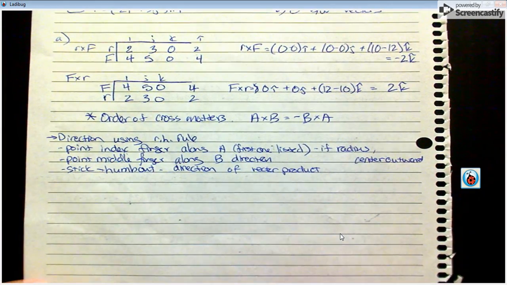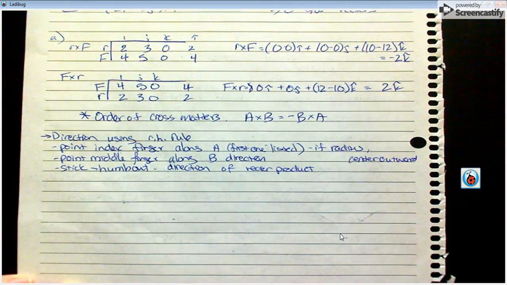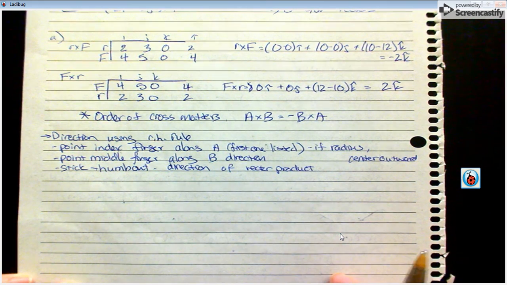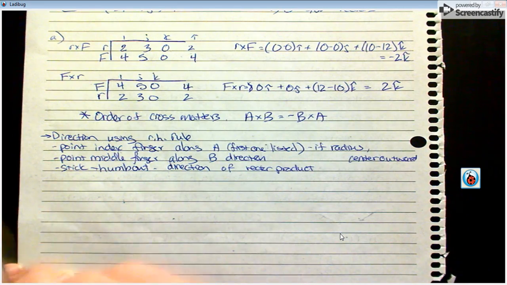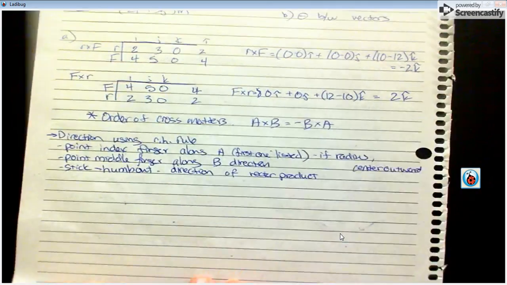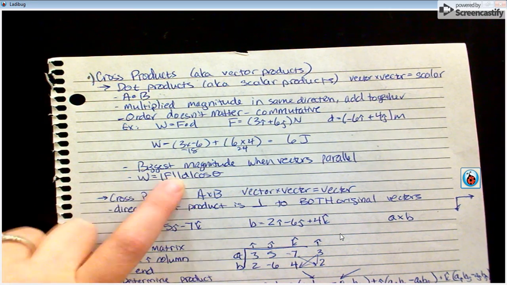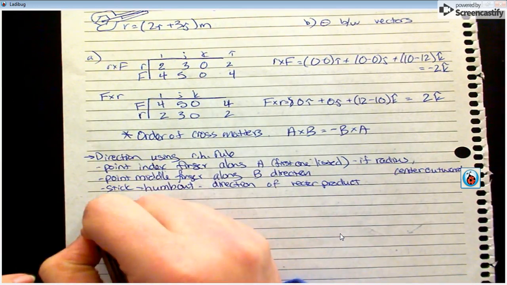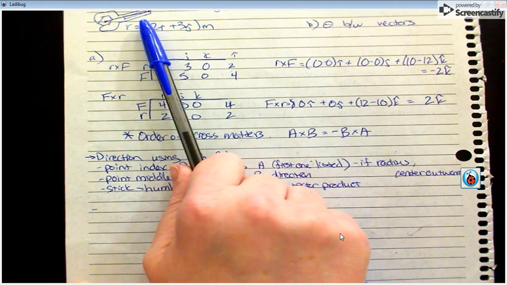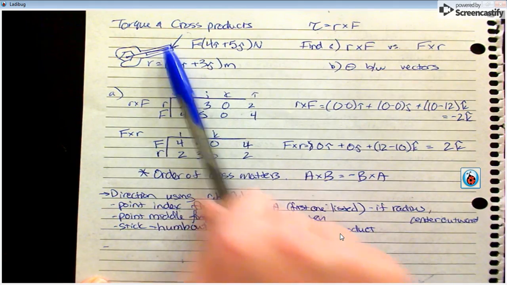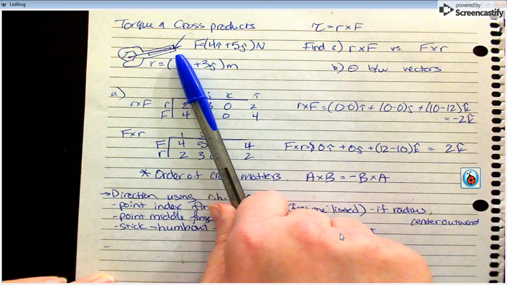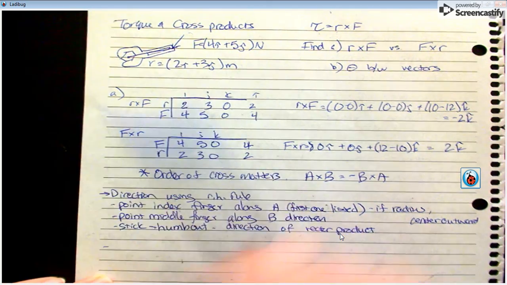Okay, lastly, we want to know the angle between the radius and the force vectors. Now, when we talked about dot products, we said the biggest magnitude is when they're parallel, and this was our equation. For cross products, we talked about the way to get the most torque is to push straight perpendicular, tangent to our circle here.